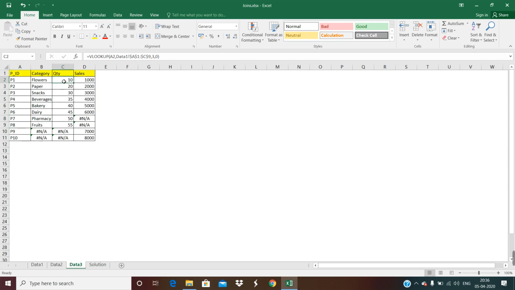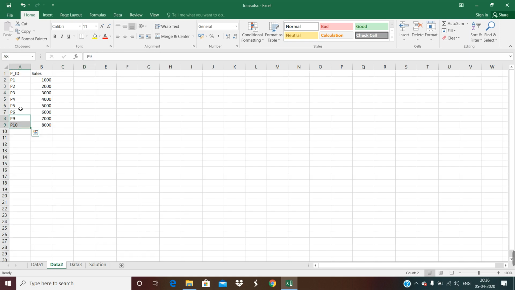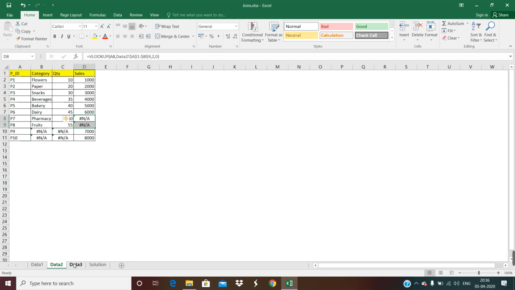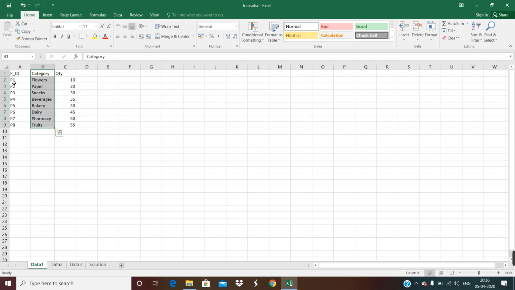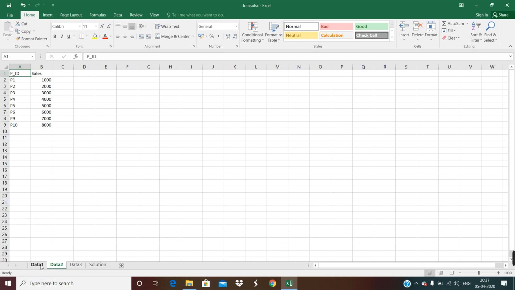Similarly, for quantity, we have taken a VLOOKUP based on product ID, and again for P9 and P10, we won't have quantity. For sales, we won't have sales for P7 and P8 because P7 and P8 product IDs are not available in Data 2. The reason we have only taken the VLOOKUP on product ID is because product ID is the only column that is actually common in both the data.